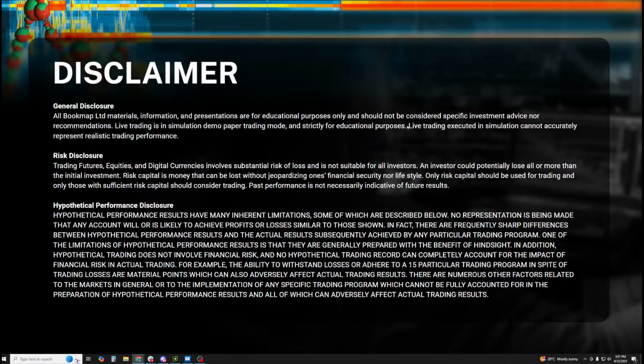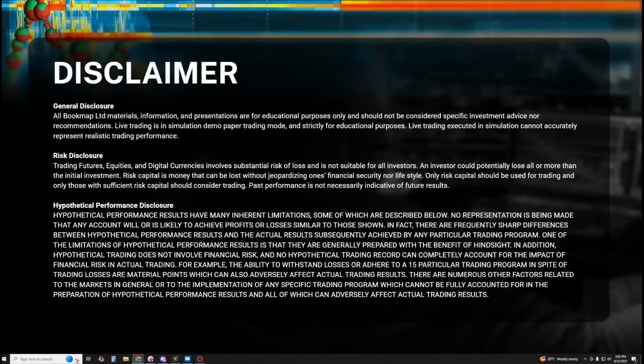General disclosure: all Bookmap limited materials, information, and presentations are for educational purposes only and should not be considered specific investment advice nor recommendations. Live trading is in simulation, demo, paper trading mode, and strictly for educational purposes. Live trading executed in simulation cannot accurately represent realistic trading performance.